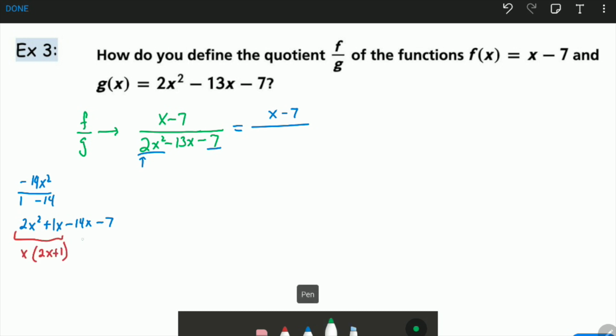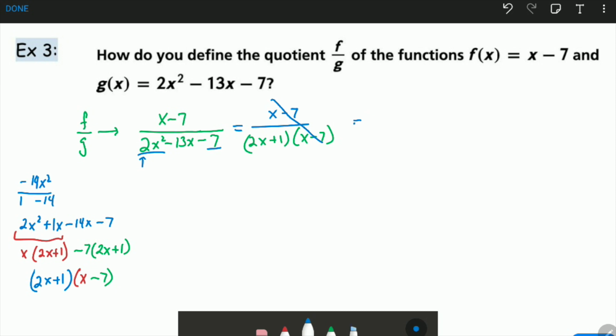And in the second terms, negative 7 is the common monomial, giving us 2x plus 1 again. 2x plus 1 comes out of both, leaving us with the factor x minus 7 as well. So overall our factors are 2x plus 1 and x minus 7. We have a common factor on top and bottom, which will cancel out, giving us 1 over 2x plus 1.